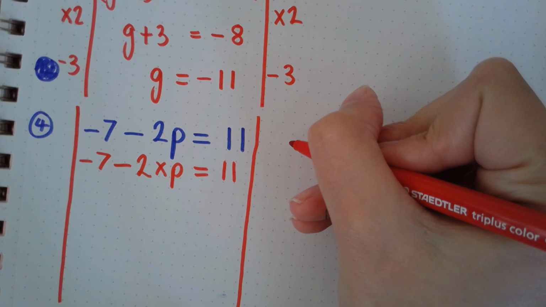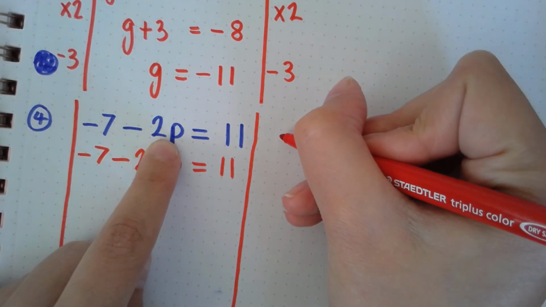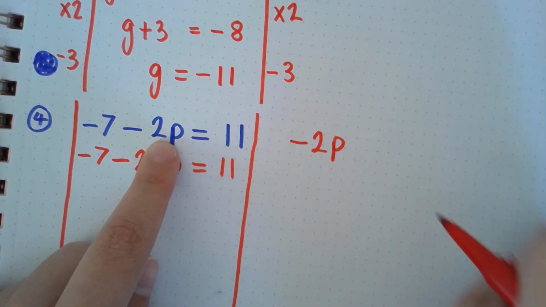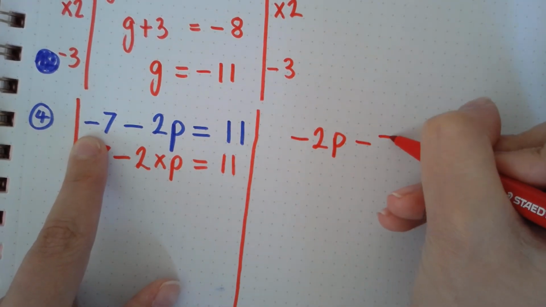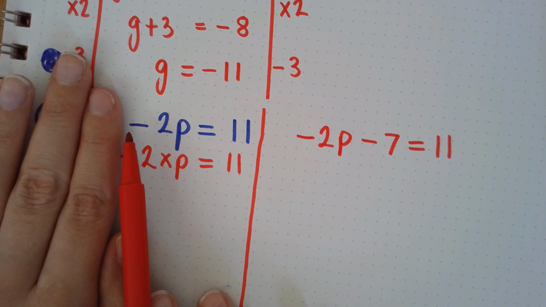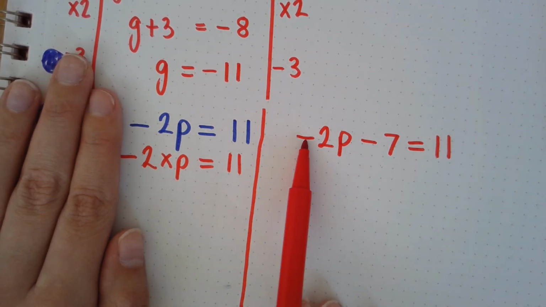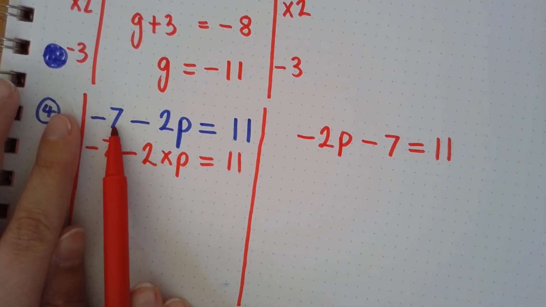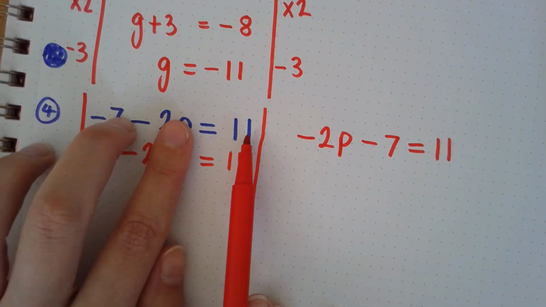You can swap it around. So it's negative 2P take away 7 equals 11. They're the same thing because I've still got negative 2P, and I've still got take away 7 equals 11.